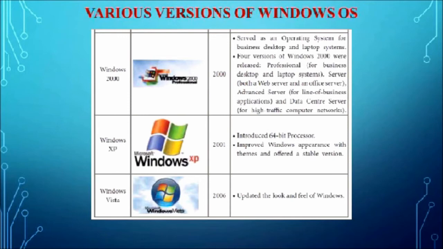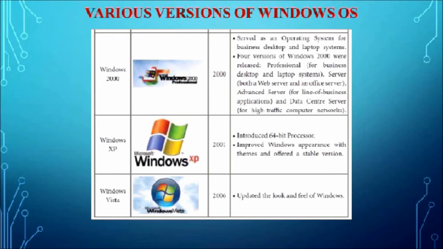Another one is Advanced Server, for online business applications. Another one is Datacenter Server, for high traffic computer networks. So all these features made Windows 2000 stand out in the year 2000.